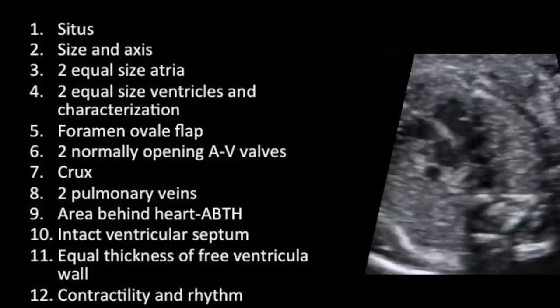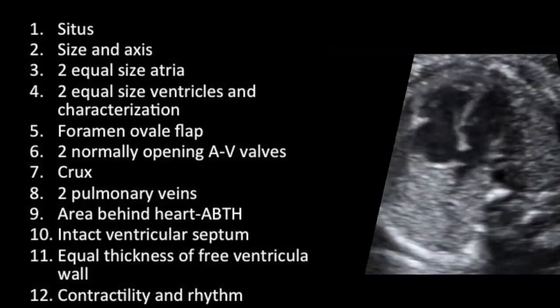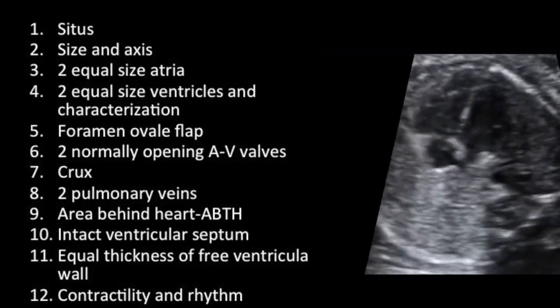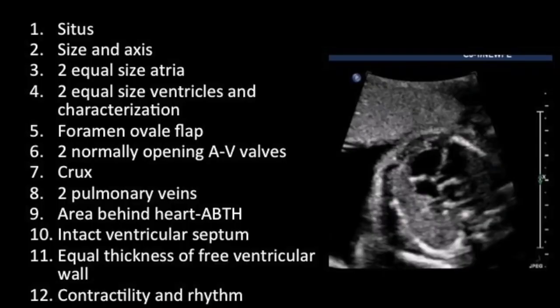The right ventricle and left ventricle have different morphologic appearances, and you should see to it that the right ventricle is on the right side and connected to the right atrium, and the left ventricle is on the left side and connected to the left atrium. The foramen ovale flap, then two normally opening AV valves, then there is something called the crux. Two pulmonary veins are always seen in a four-chamber view.